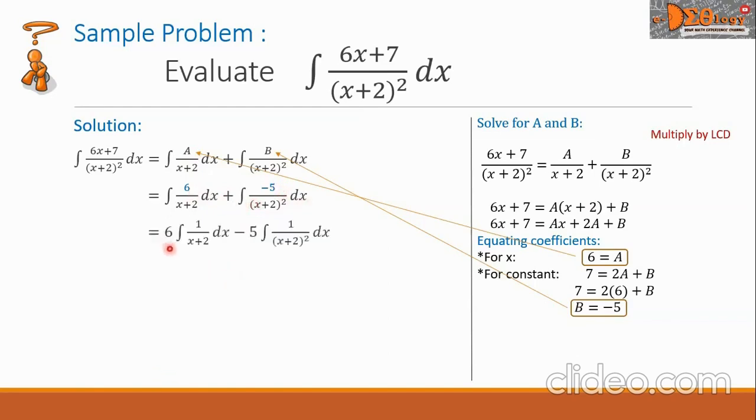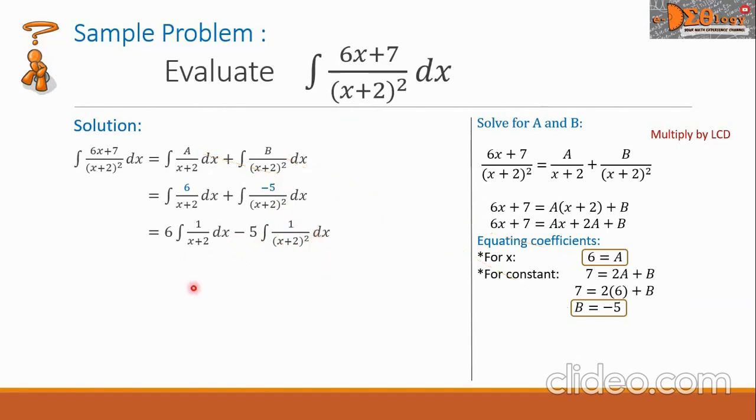So we have now 6 times the integral of 1 over x plus 2, while on the second integral, the negative 5 goes out times the integral of 1 over the square of x plus 2. Take note that the numerator here becomes 1.